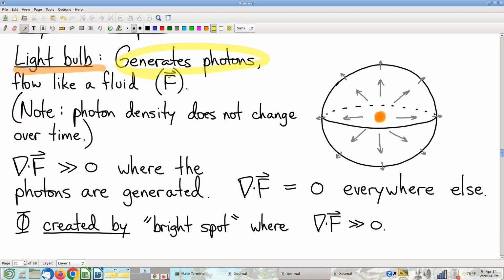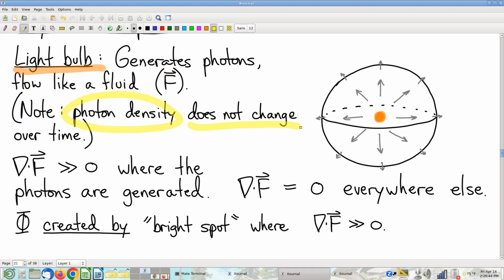So here, not always the case, a point of interest is that the fluid is being generated. But another important point of interest, the density is constant.